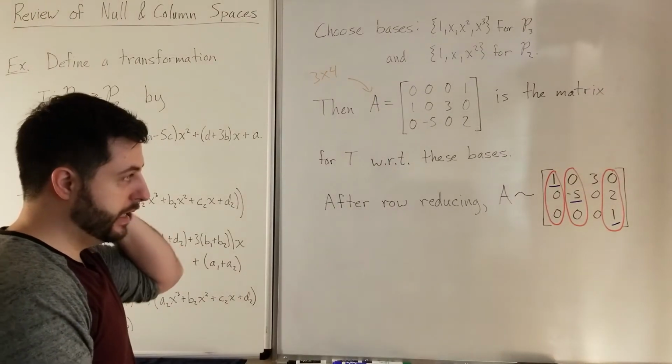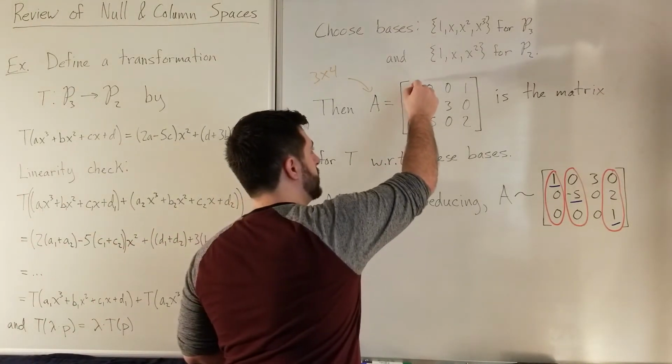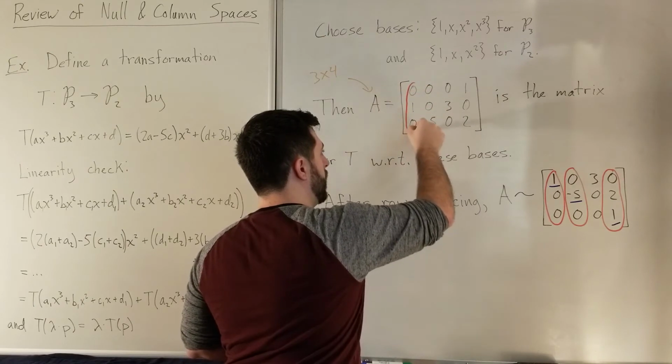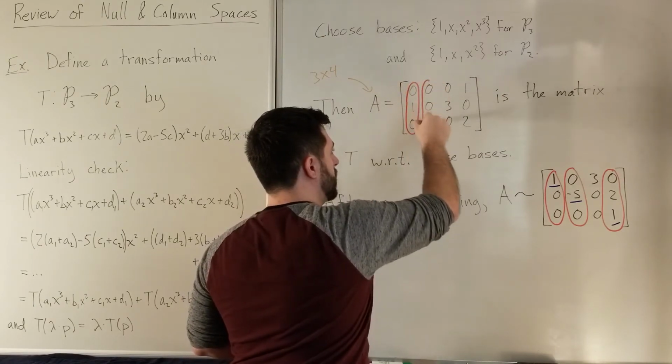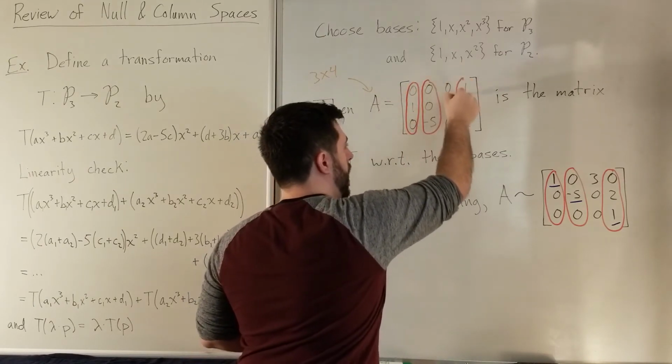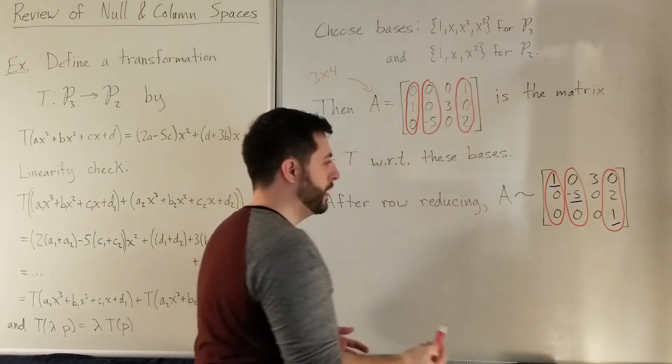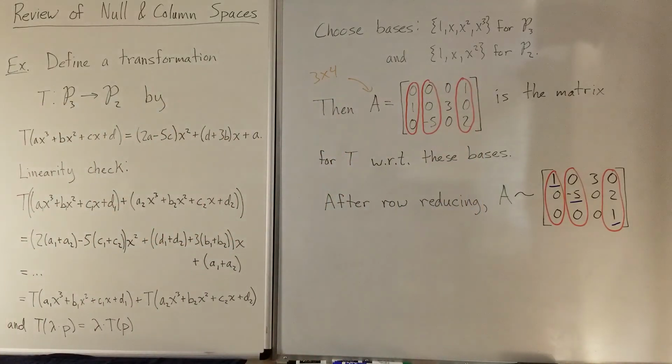And what we do with that is we go back to the original matrix that we had and say the first, second, and fourth columns, the corresponding columns, are pivot columns for this matrix. So the pivot columns don't change when row reducing.